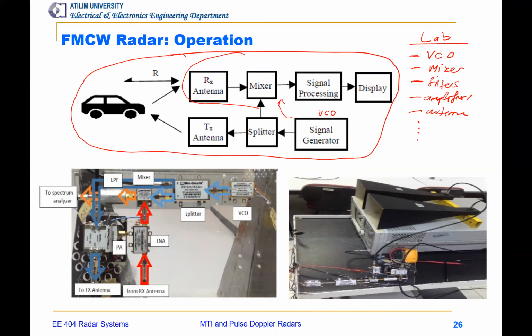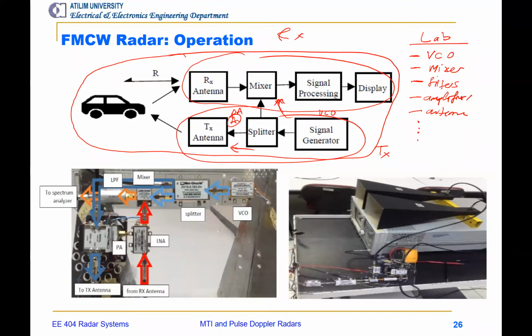This part is the receiver, by the way, and this part is the transmitter. The output of the signal generator is split into two, one into the receiver, the other into the antenna.